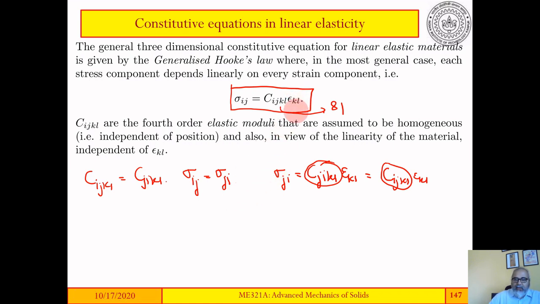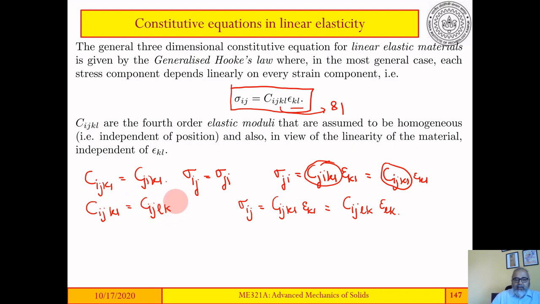Similarly, I know that epsilon kl is also a symmetric tensor. So sigma ij is equal to C_ijkl epsilon kl, which would also be equal to C_ijlk epsilon lk. So this is also possible if C_ijkl is equal to C_ijlk.